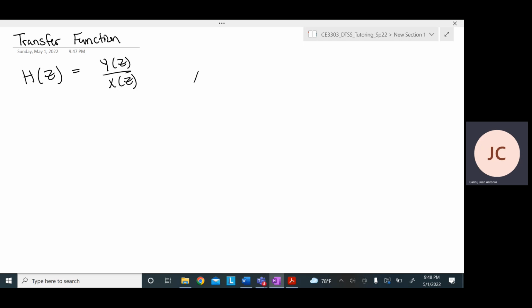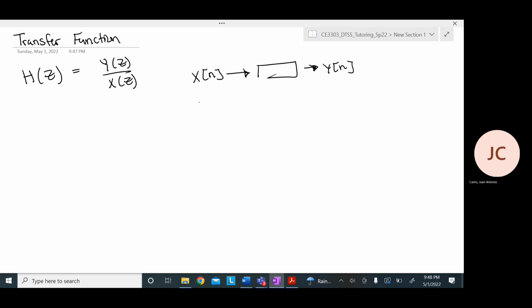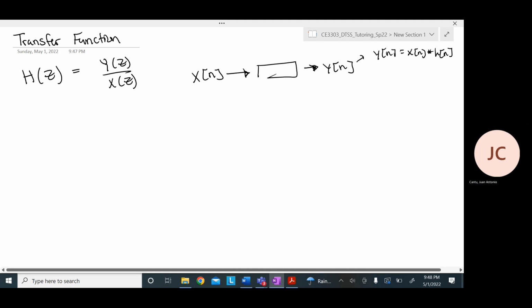If I have some signal x of n, put it through a system, I get y of n. And y of n is defined as the convolution of x of n and h of n, the impulse response.